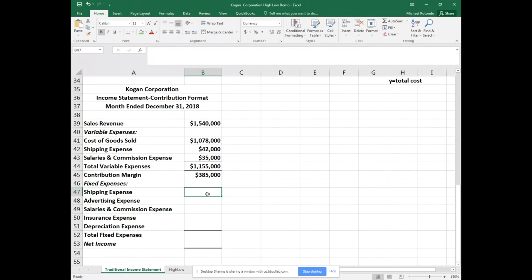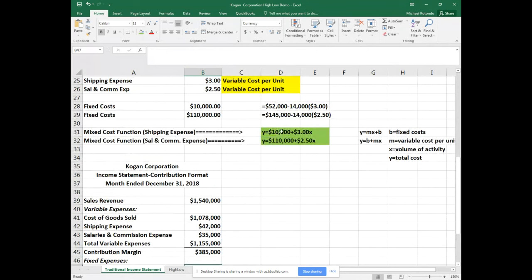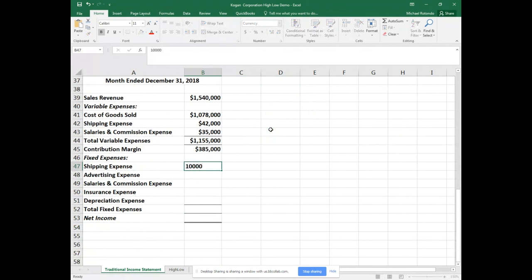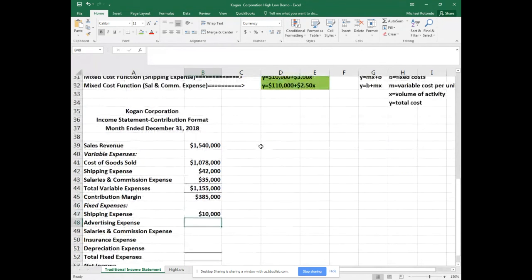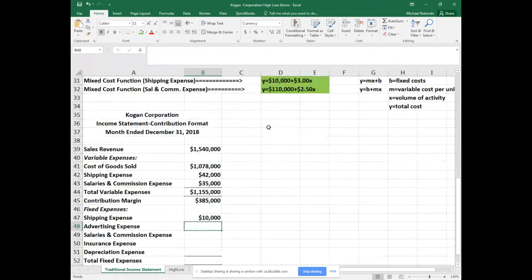Now, when it comes to fixed expenses, we calculated fixed shipping expense up here at $10,000, and then we put it in the mixed cost function. Advertising we knew was a fixed expense to begin with, at $80,000.